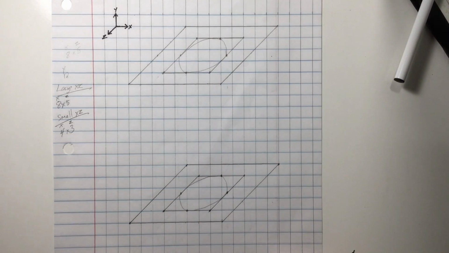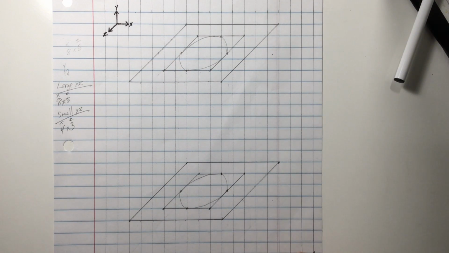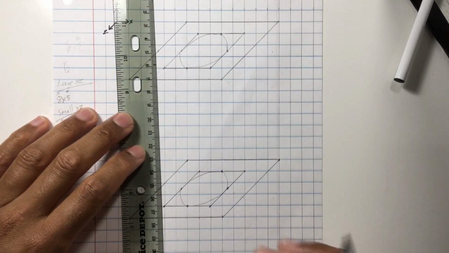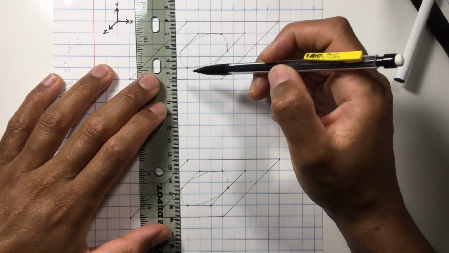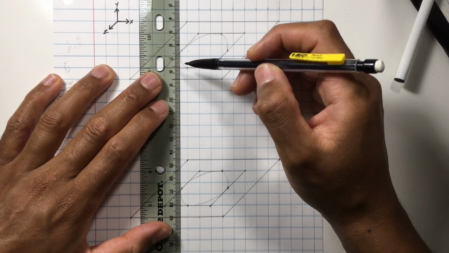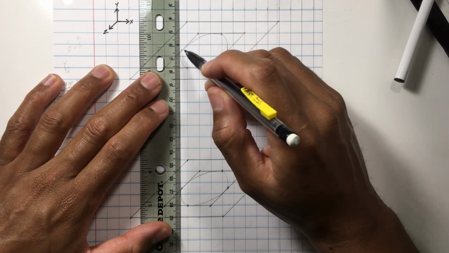Okay. All right. So what we can do is we can take our ruler or straight edge and we can now connect the two sides. So I'm going to connect the corresponding sides to close out our cylinder.